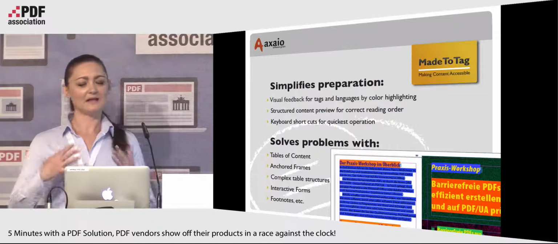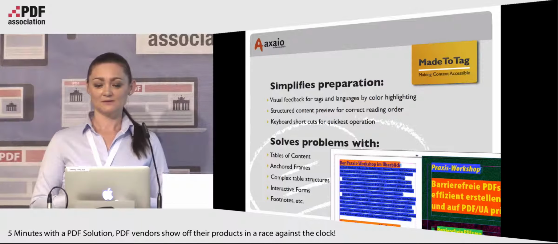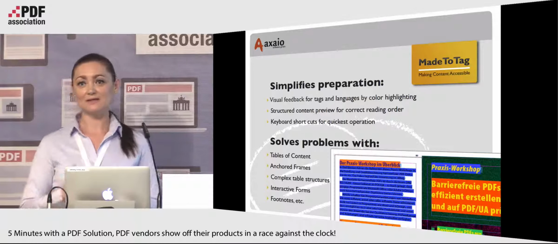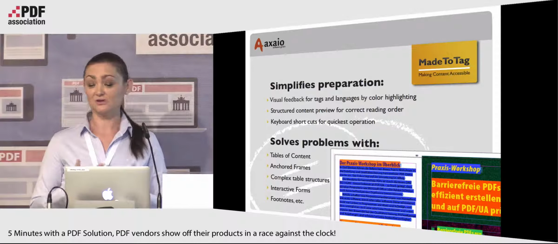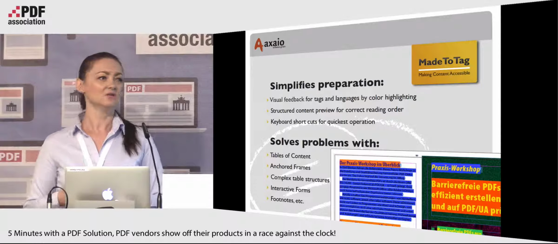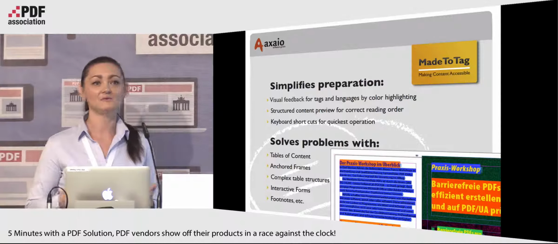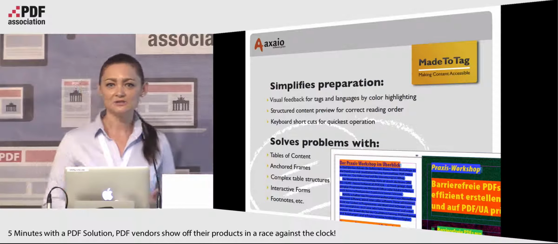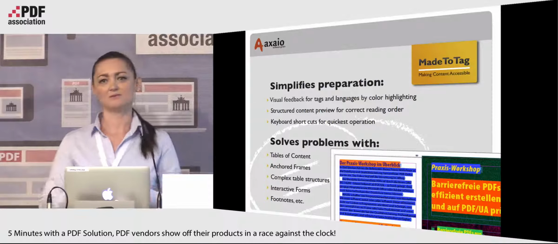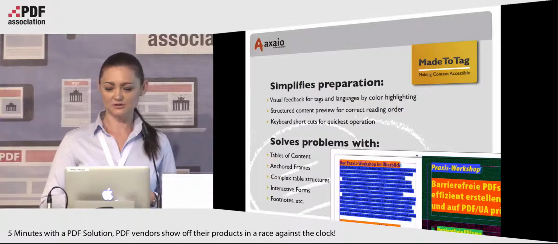So at first, we're simplifying the preparation already. That means we have included some control checkups for users, for example, visual feedback through color highlighting. If you have chosen your text, it will be color highlighted so that you are sure that you haven't forgotten any. Or if your InDesign document includes different languages, they will be color highlighted so that you have an overview, which is the main language.